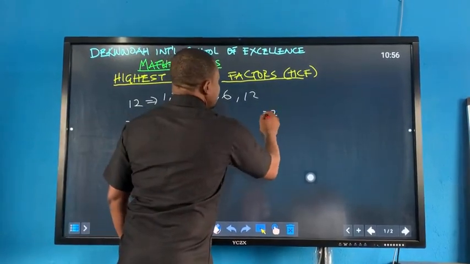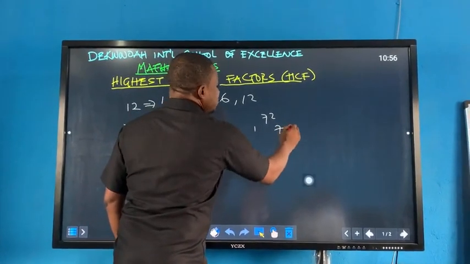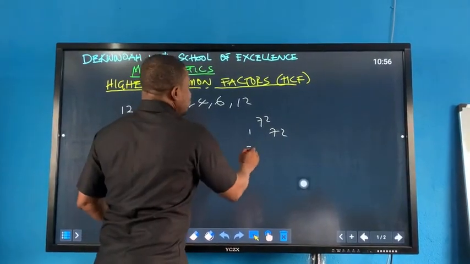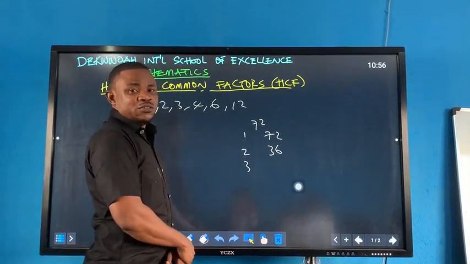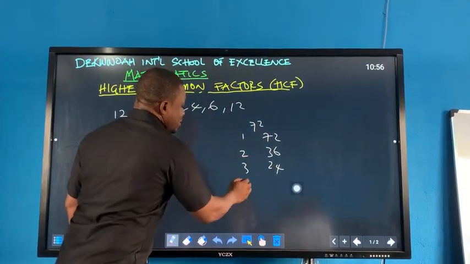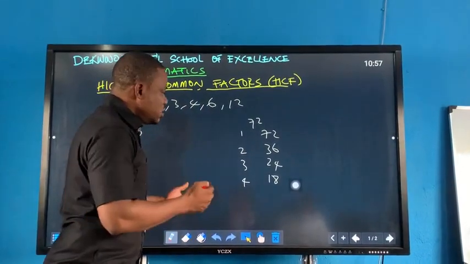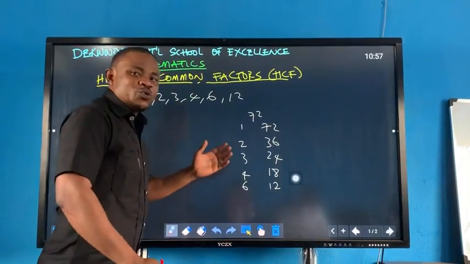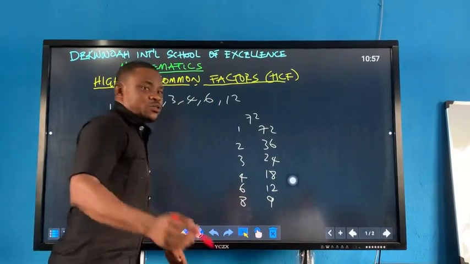This is 72. 1 into 72 is 72. 2 into 72 is 36. 3 will go 24 times. 4 will go 18 times. 5 cannot go into 72. 6 can go into 72 12 times. 7 cannot go into 72. 8 can go into 72 9 times.